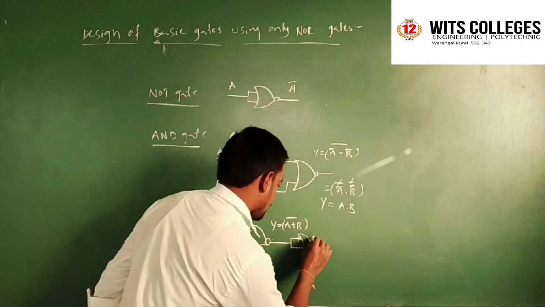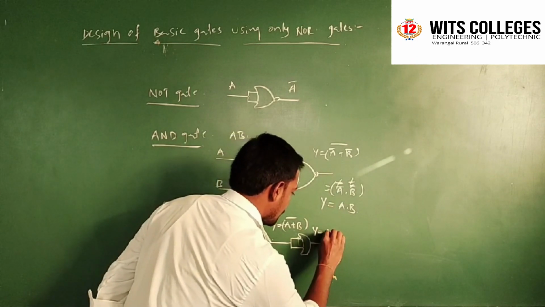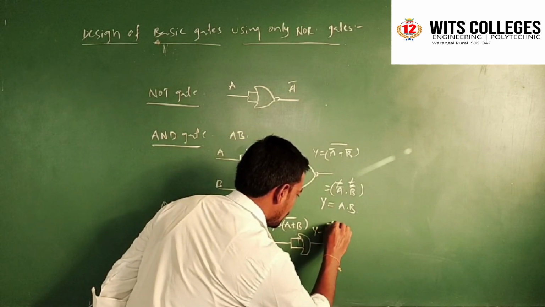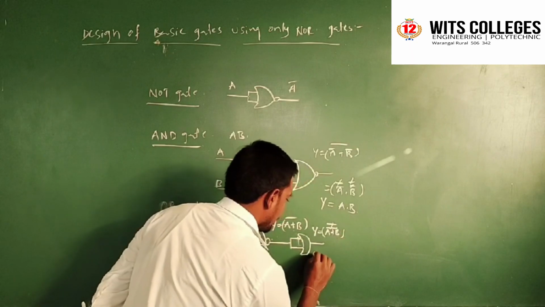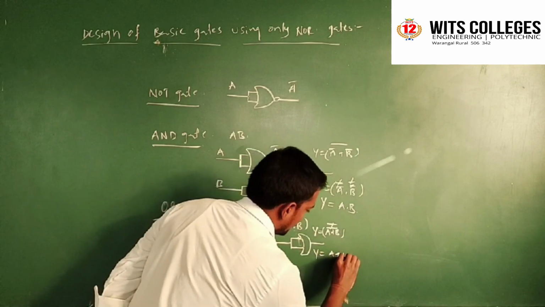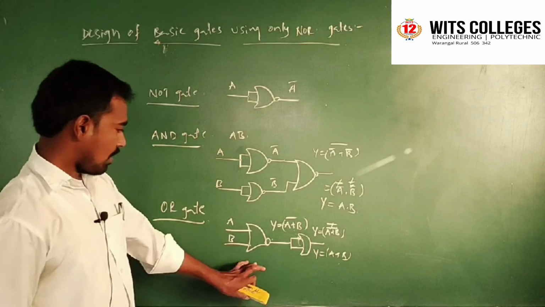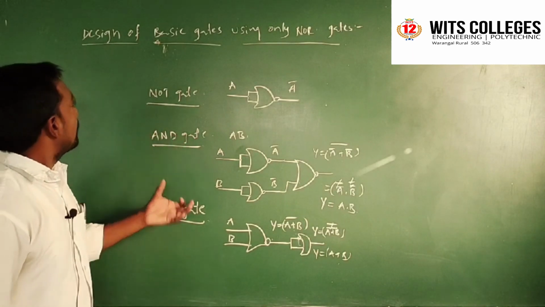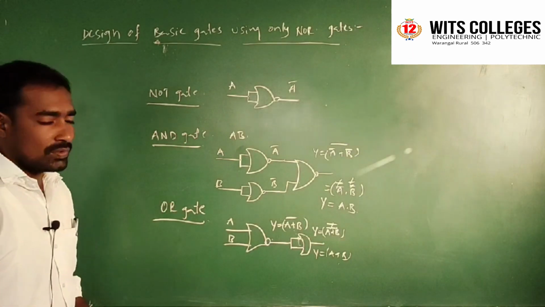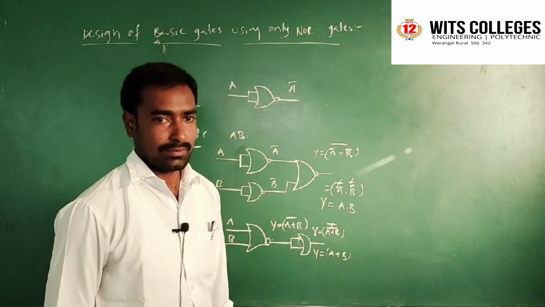This will give the complement of Y equal to A plus B whole bar. Both bars are cancelled, and we will get the A plus B output. So this is the design of basic gates using only NOR gate. Okay, thank you.